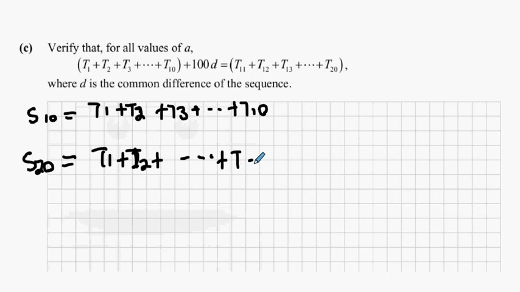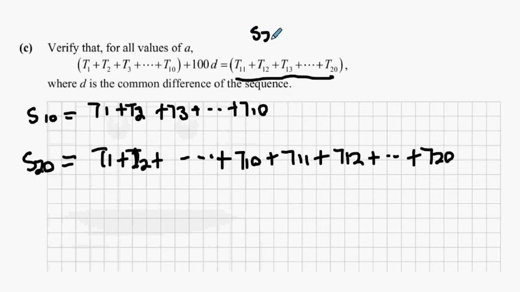Now, therefore, if I take away this part, it'd be T11, T12 plus dot dot dot T20. So this part here is basically S20 minus S10.